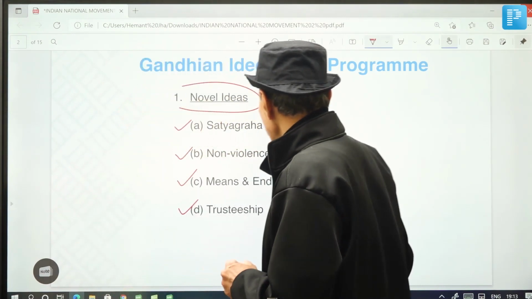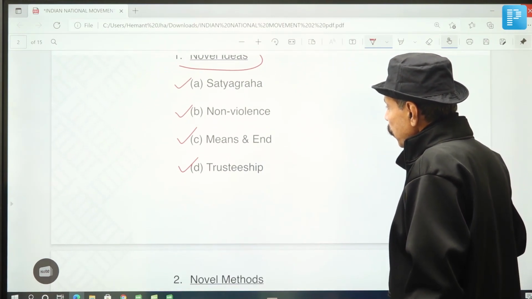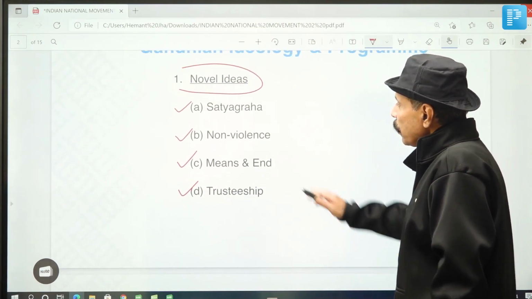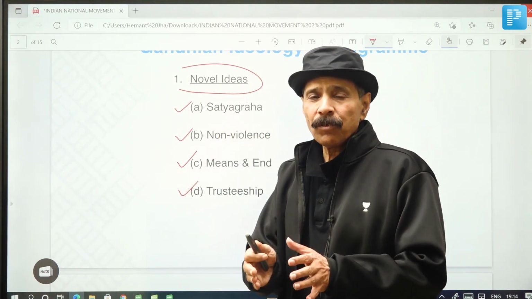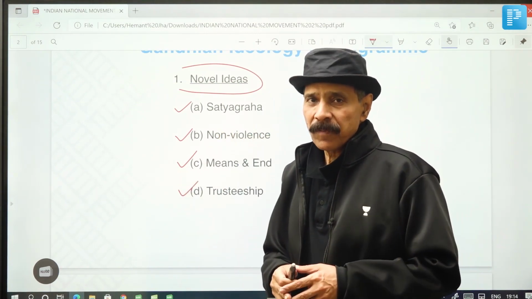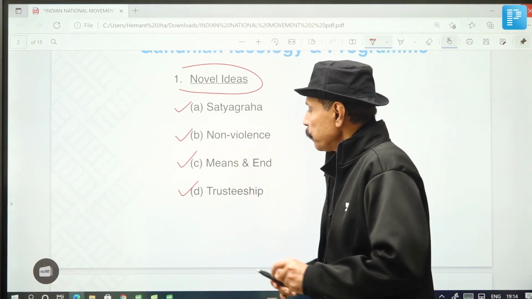And A, B, C, D, what I have mentioned here, could be options in a question related to Gandhian ideas. So these four represent the four major ideas of Gandhi.